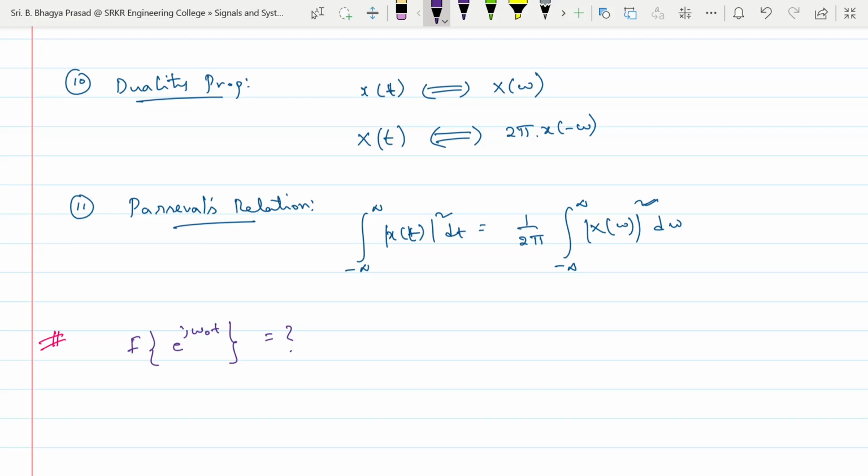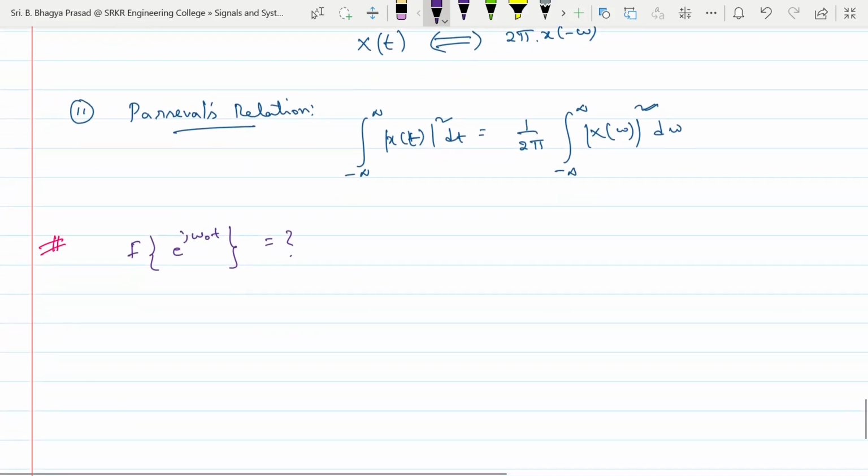For this one we use the Fourier transform of 1, which is 2πδ(ω). We have solved this one.